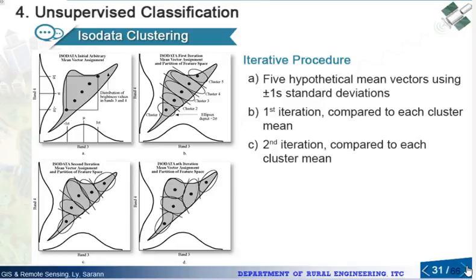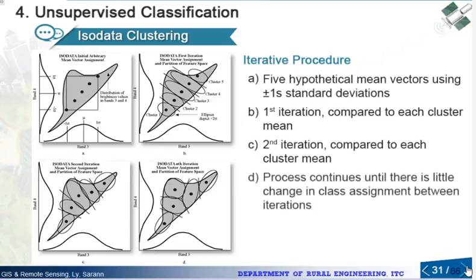After the new cluster mean vectors are selected, every pixel in the scene is assigned to one of the new clusters. The split, merge, assign process continues until there is little change in class assignment between iterations, the T threshold is reached, or the maximum number of iterations is reached.